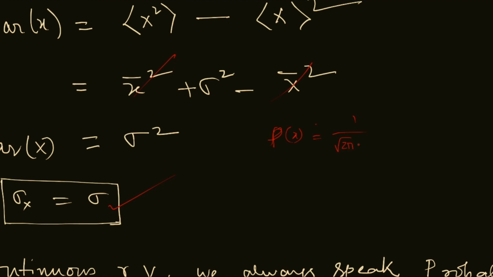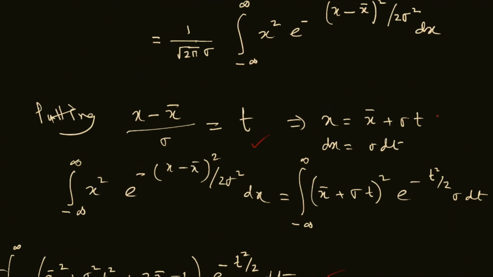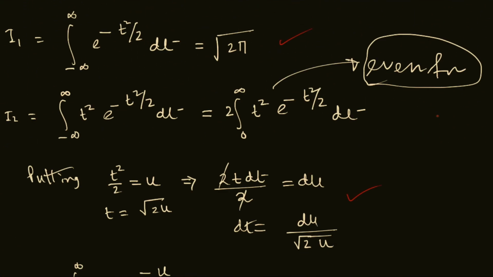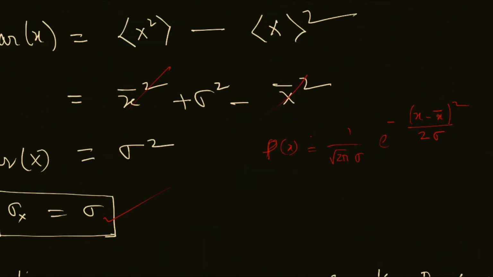So we can say for a Gaussian distribution function p(x), which is 1 over root 2 pi sigma times e to the power minus (x minus x average) square by 2 sigma square, in this notation it is sigma square, and this is the distribution function.